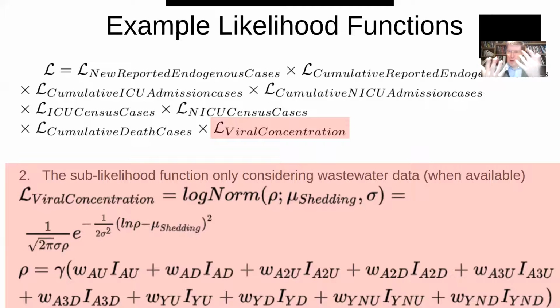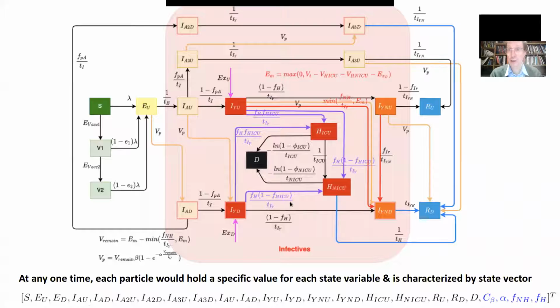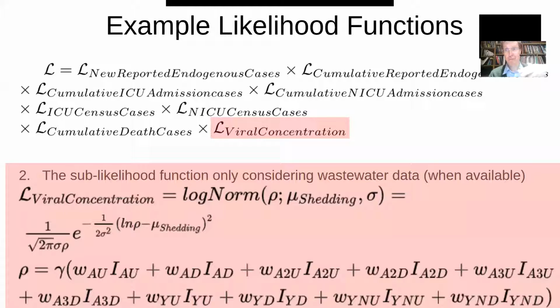So we have this model, and each particle has a certain underlying state. It posits a certain number of people in each of these states. We have a shedding population that's implied by that. We have from that, possibly with delays, et cetera, a wastewater signal that we expect. And we compare that against the actual wastewater signal using a log normal or a gamma or what have you.